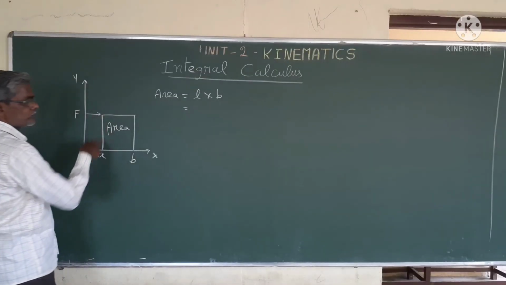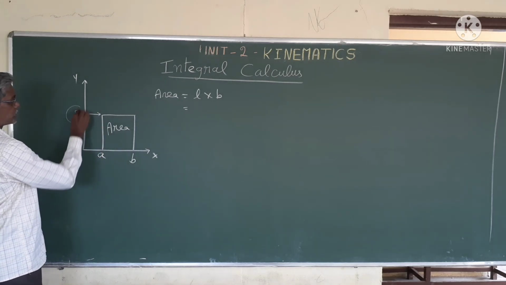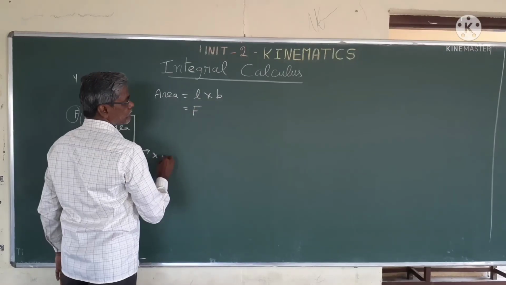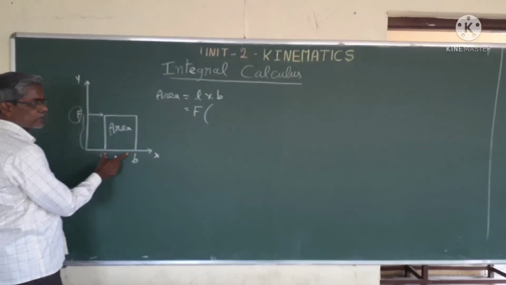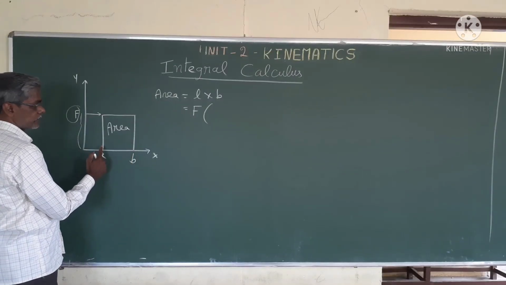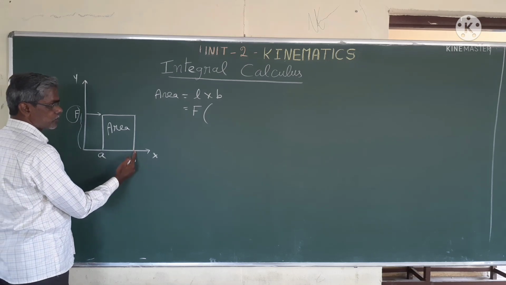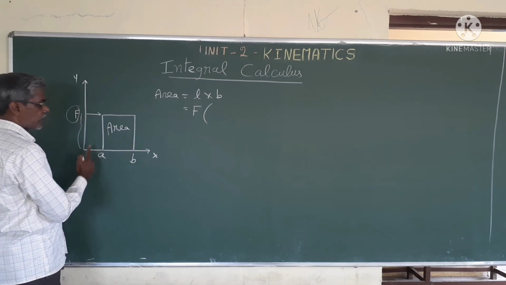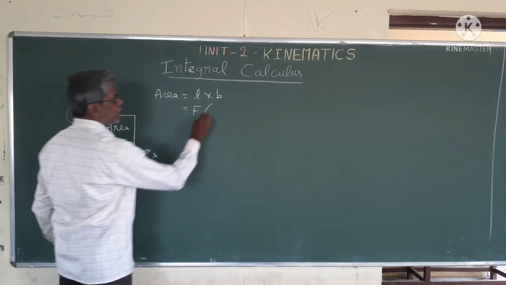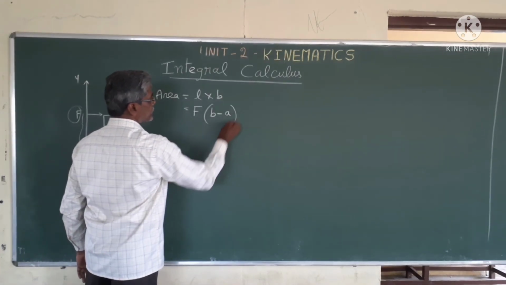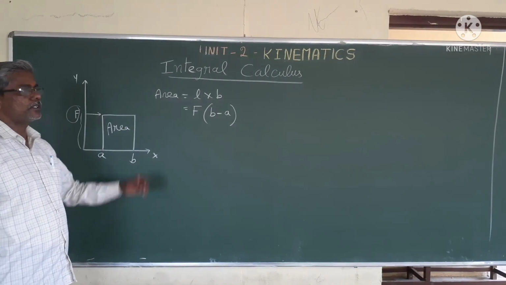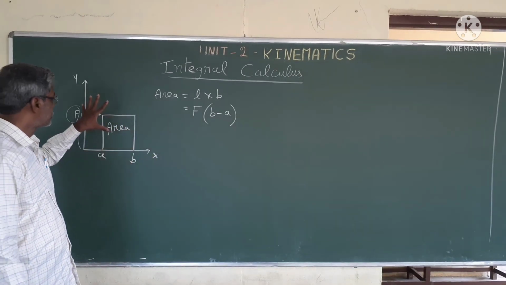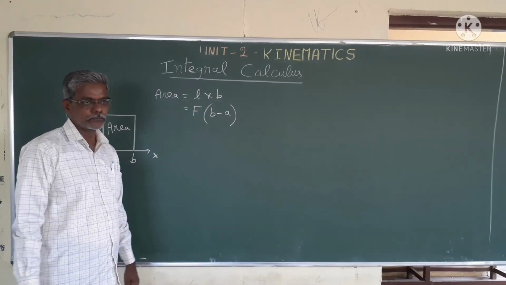Here, the force gives the length, and the breadth is the displacement from A to B. Displacement means final position minus initial position, so I can write B minus A.